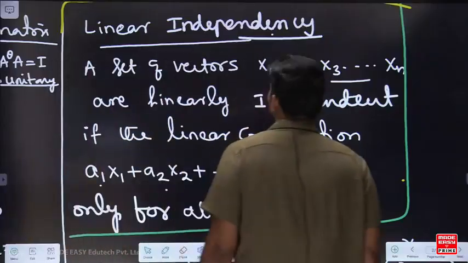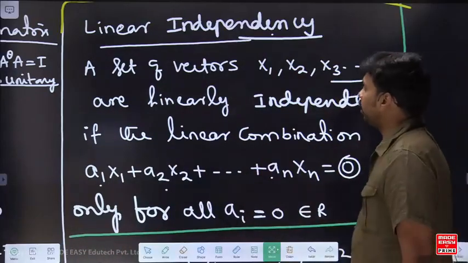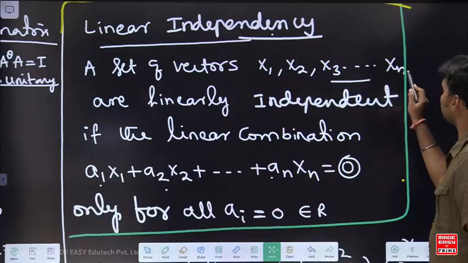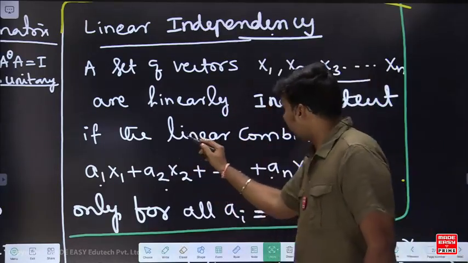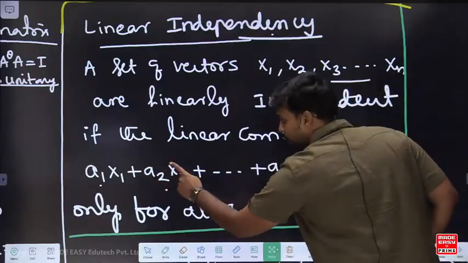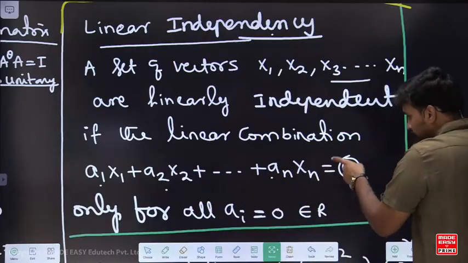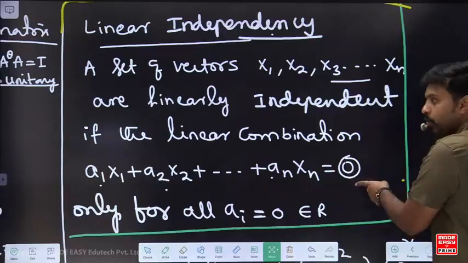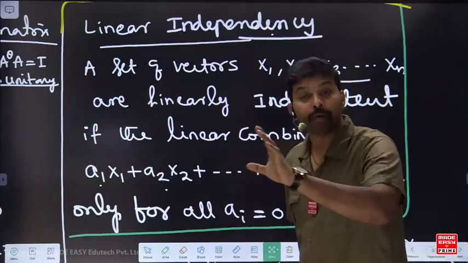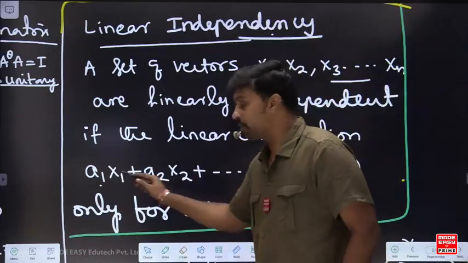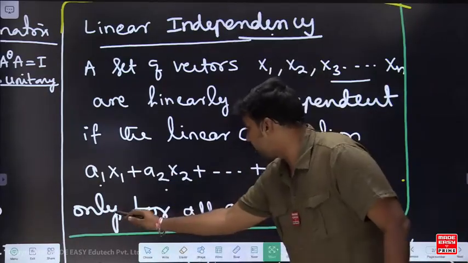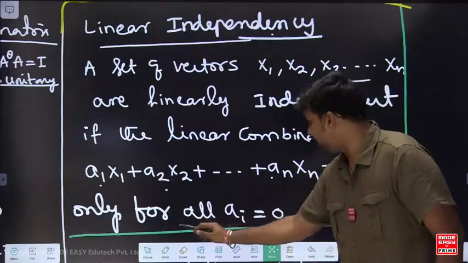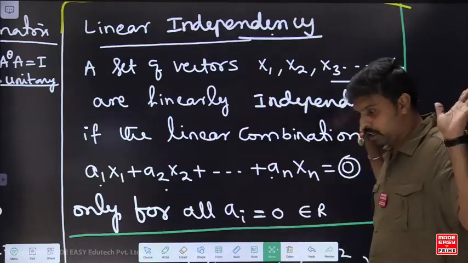Yes, beta. This is what linear independency is. Let me tell you. A set of vectors x1, x2, x3 and so on up to xn are linearly independent if the linear combination a1 x1 plus a2 x2 plus a3 x3 and so on plus an xn is 0 only for all ai equal to 0, not for non-zero coefficients.